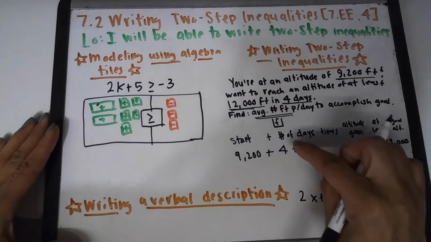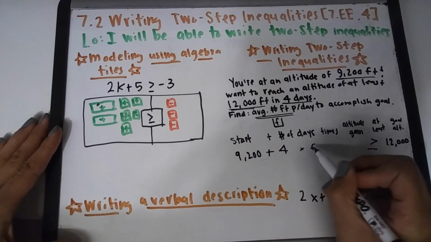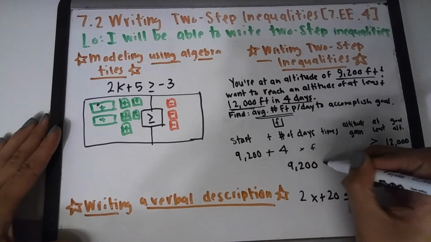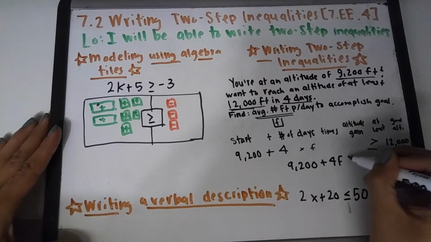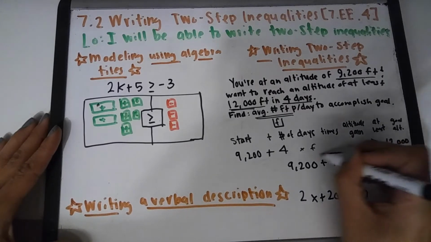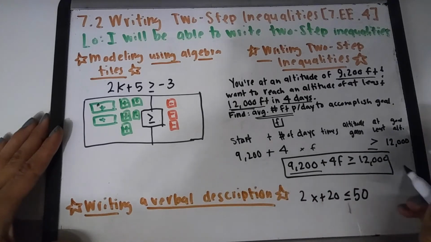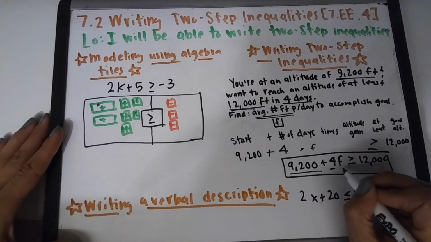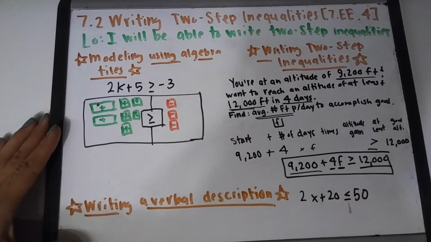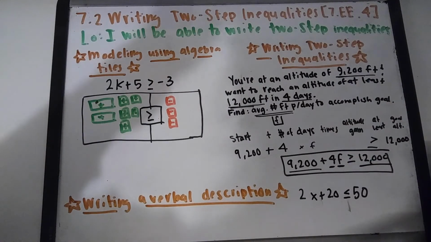So at the end, I'm going to end up with 9,200 plus 4f greater than or equal to 12,000. Again, I'm starting at 9,200 feet, and then I have 4 days to do this many feet to get to this right here at least. Okay, so that's how we write an inequality given the description above.